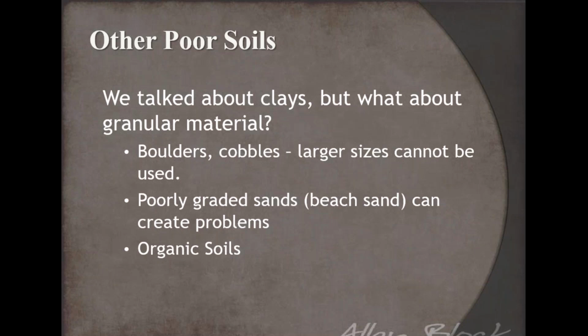But then those poorly graded sands, like that beach sand or sugar sand I was describing earlier, can create their own problems as well. I have no problem with that poorly graded sand being used for the most part, but we know there are some additional design and construction steps that are going to be required. We know that the water can penetrate and flow through that sand, but it can actually move that sand a little bit.